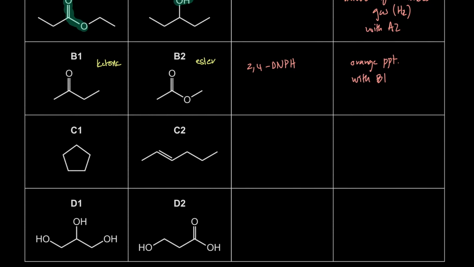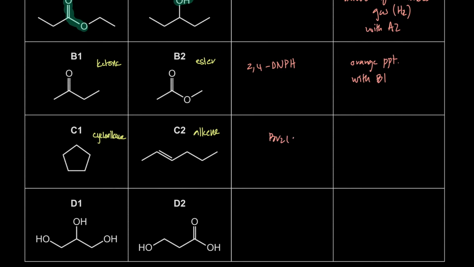What about C1 and C2? How do we distinguish between these two? Here we can use aqueous bromine. We have a cycloalkane and we have an alkene, and we know that alkenes undergo addition reactions with aqueous bromine.